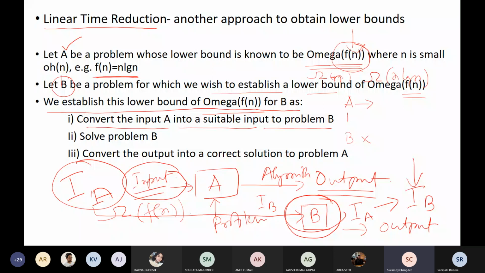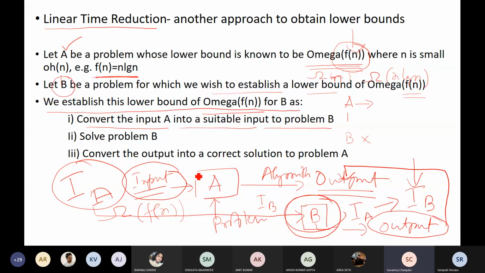Then we solve the problem B with the input converted to I_B, and we get some output of the problem B. Then we convert this output to the output of A. Again I am repeating because this is a little bit conceptual thinking, so please try to visualize what we are going to do.